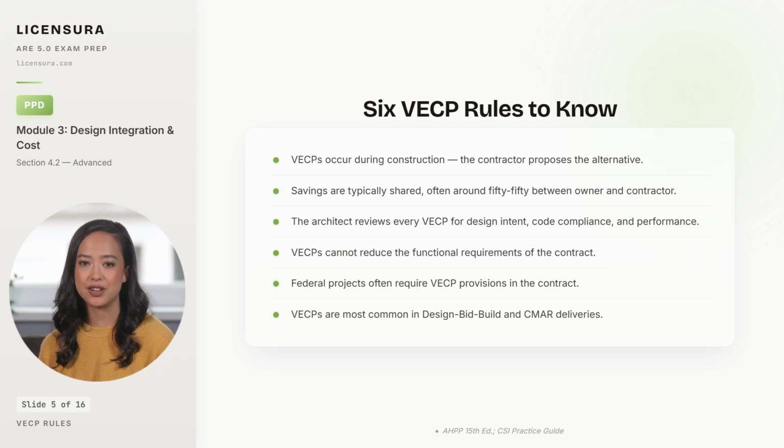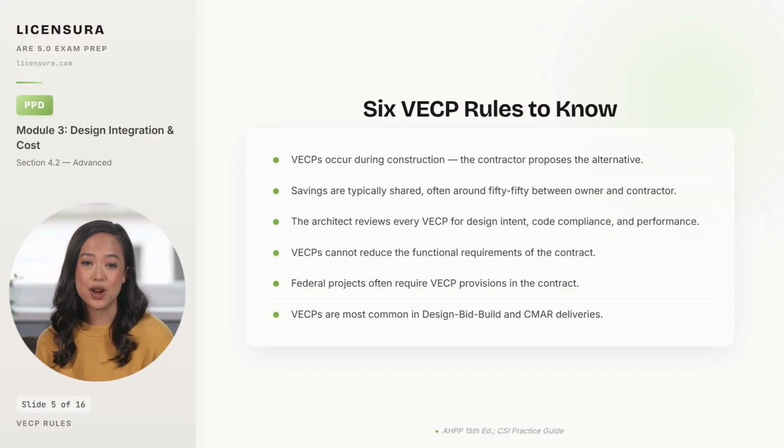Third, the architect reviews every VECP for design intent, code compliance, and performance, not just cost, and a sloppy review here is where lawsuits start. Fourth, a VECP cannot reduce the functional requirements of the contract. If the contractor's proposal would degrade function, the architect must reject it, regardless of the savings.